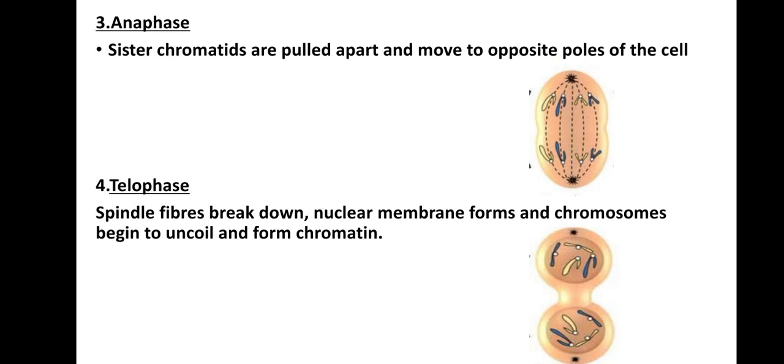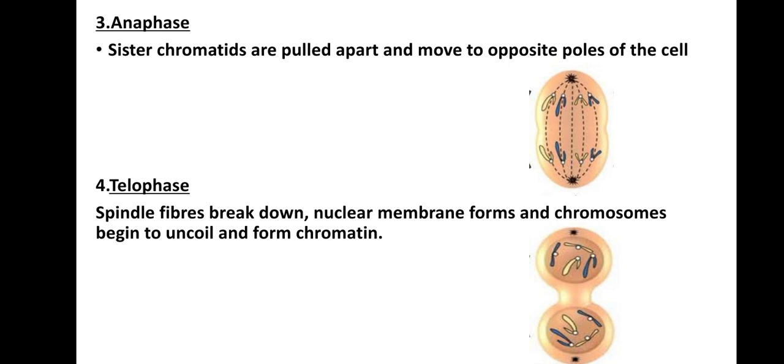Anaphase. Anaphase is marked by the contraction of spindle fibers, leading to the splitting of the centromere. The sister chromatids, daughter chromosomes, move apart towards the opposite ends of the cell. Telophase.